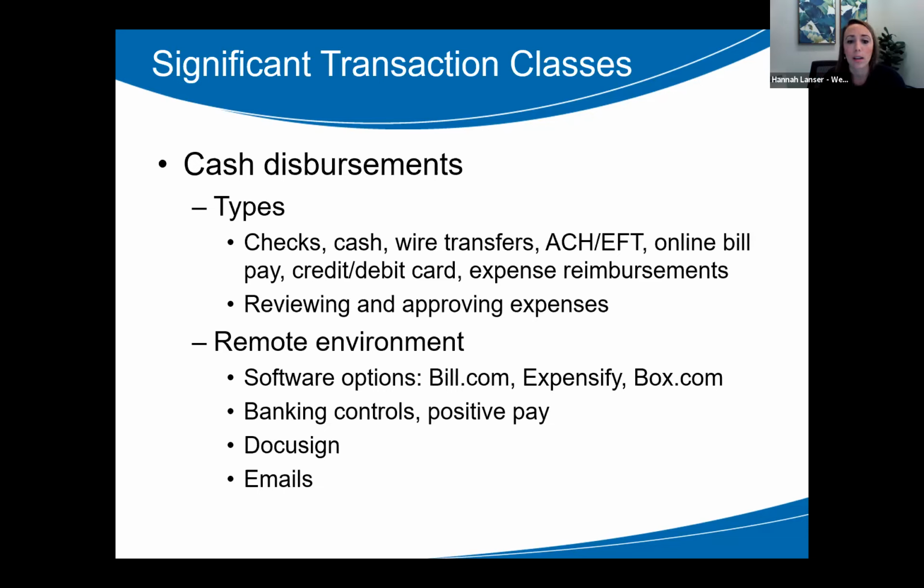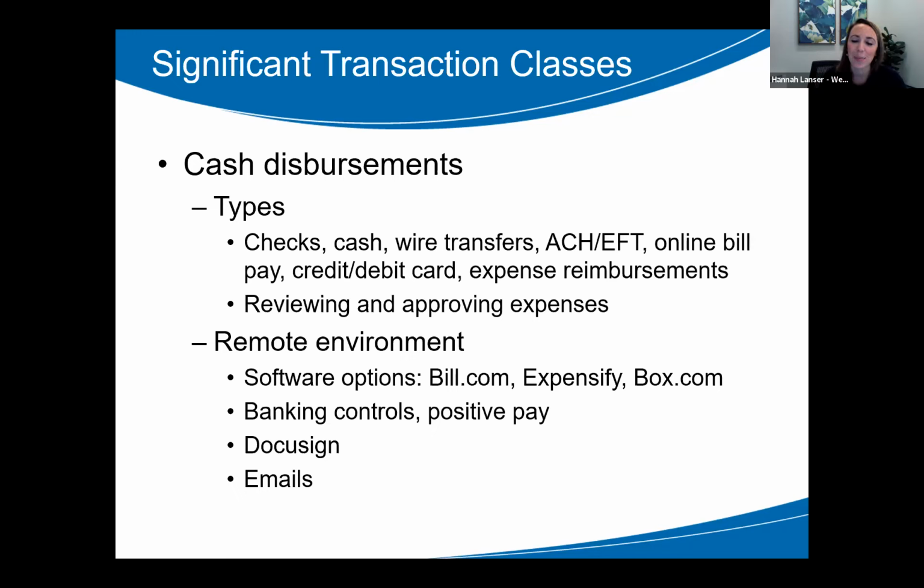And so there's a lot of software options. And I've heard many clients during this time making the switch to things like Bill.com, Expensify, and even Box, where the controls are actually built into those things. So as expenditures are uploaded, they can be approved electronically, kind of moving away from the paper experience that controls have been in.